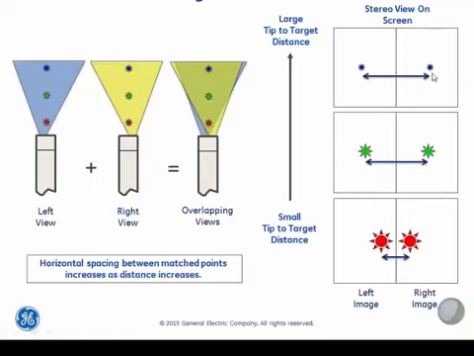The horizontal spacing between common surface points in those 2 images decreases as the tip is moved closer to the surface. So by using software to match these common surface points, we can use this horizontal spacing to calculate 3D surface coordinates for measurement.